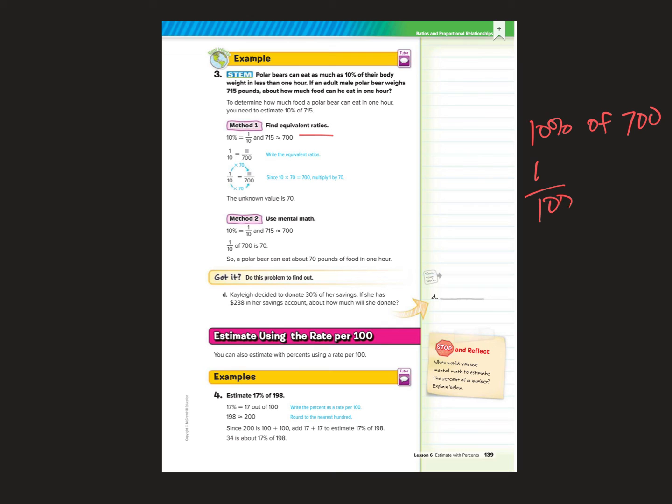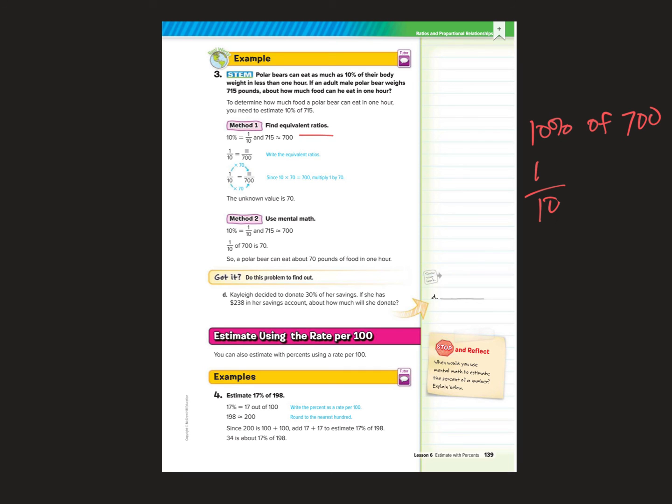Because 10 over 100 is 1/10. That is equal to what over 700? So what do I do here? Multiply by 70. So 70 is 1/10 of 700.